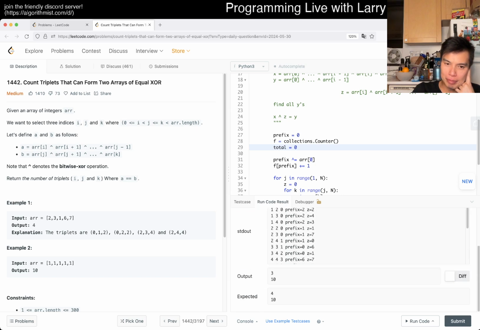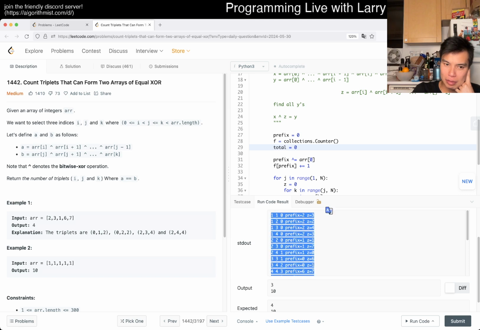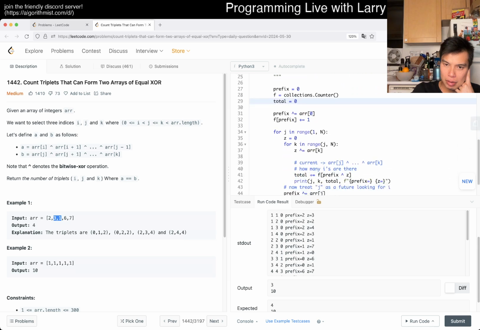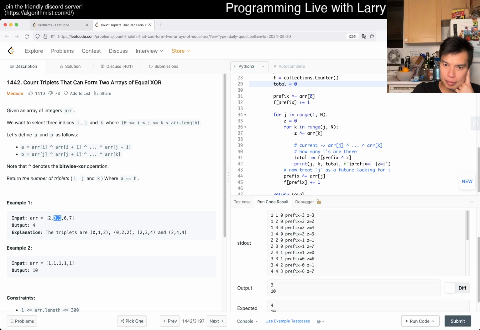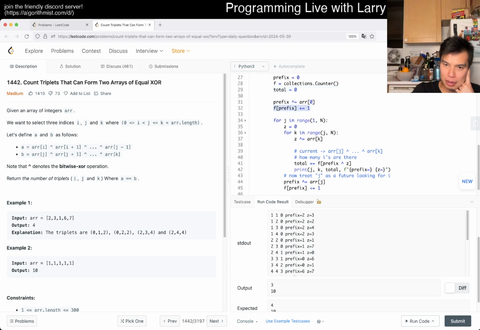All right. So 1, 2 should have a 1. 1, 2. Set should be 2. So why isn't this?